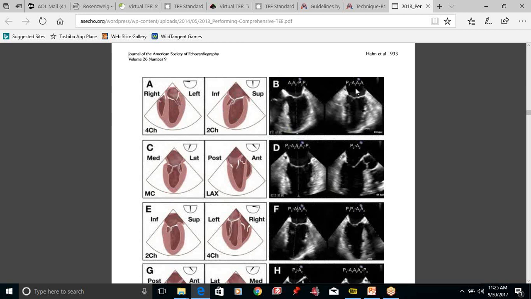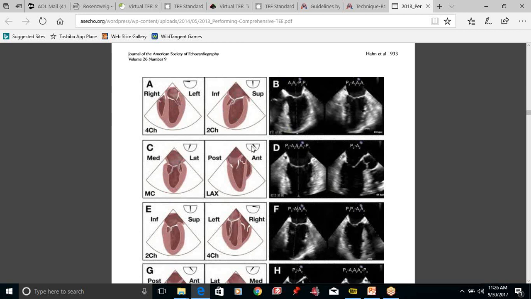And then with your so-called 2-chamber view, remember this is your inferior wall, your anterior wall. And then if you vary the angle, not 90, but a little bit less than 90, then it's a modified 2-chamber view. Your left atrium, left ventricle.